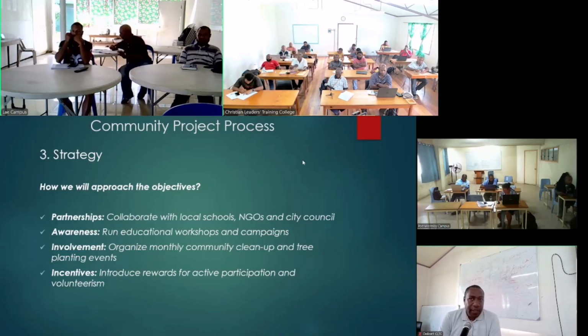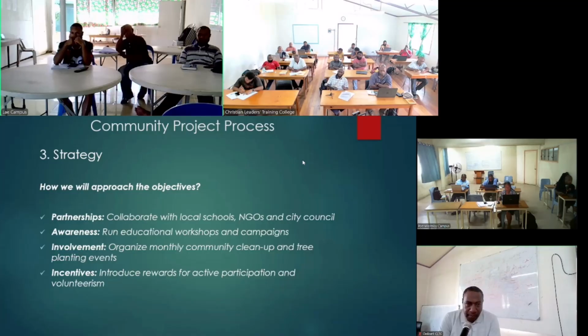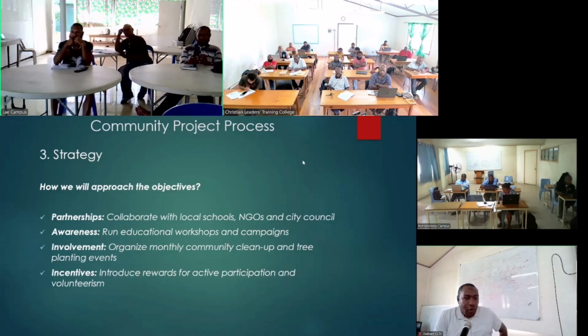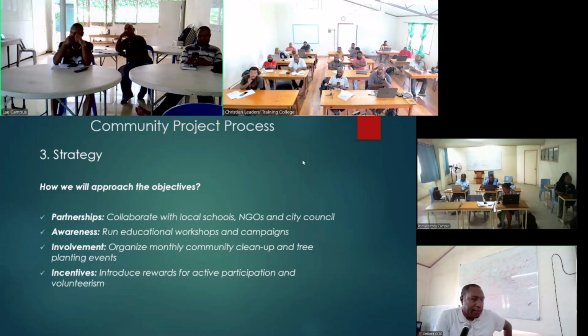And the second one is for us to make awareness by running educational workshops and campaigns. The third one is for us to get everyone involved, and that is through organizing monthly community cleanup and tree planting events.